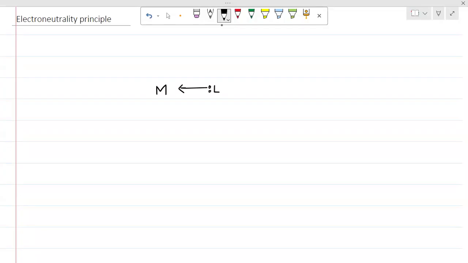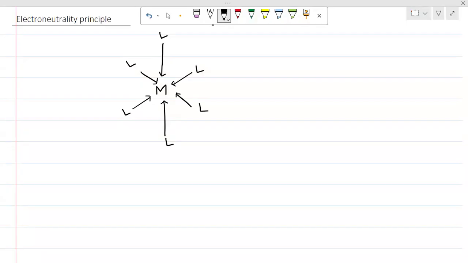Now you consider an octahedral complex, for example. Now when you consider an octahedral complex, you have one ligand, two, three, four, five, and six. Correct? So any octahedral complex that you take will have six ligands. All of these ligands are giving their lone pair of electrons to the metal.